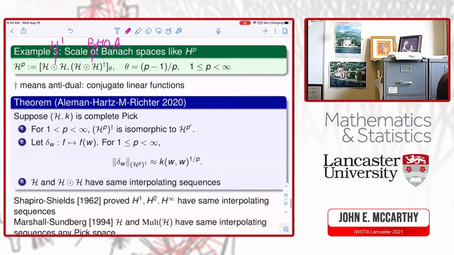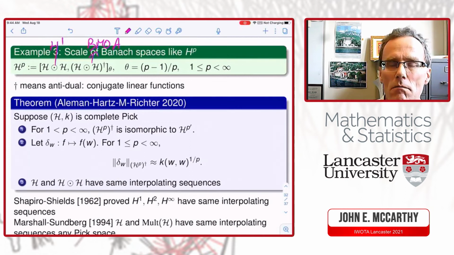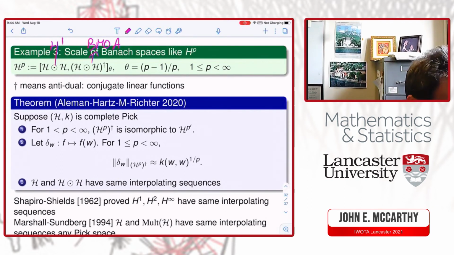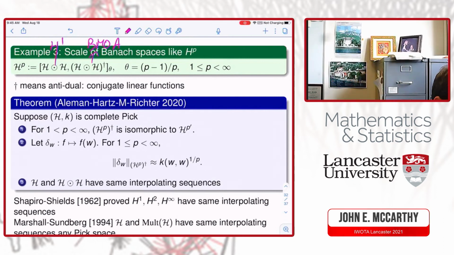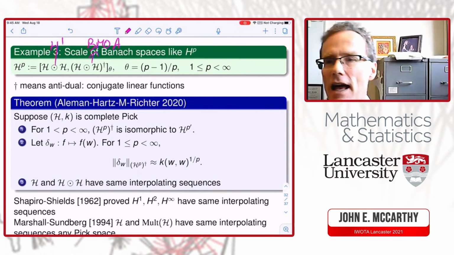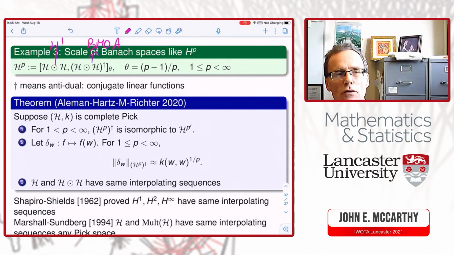So we were able to show some properties of that. You start with the complete Pick space, and you define curly HP by this interpolation. You automatically get, by the way, curly H. The reason P and theta have this form is that the midpoint, theta equals a half, corresponds to P equals 2, and the midpoint just gives you your Hilbert space back again.